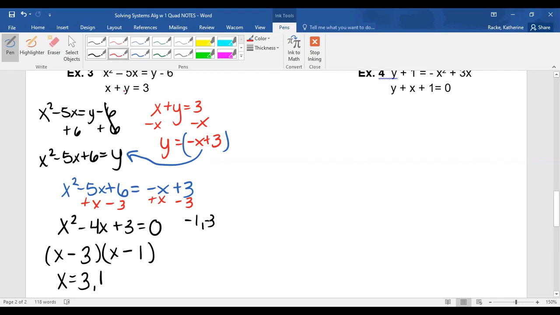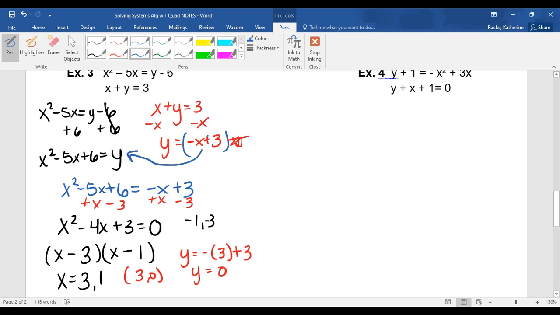Now here, I would just go ahead and plug them into where you've already solved for y. Okay, so right here, I'll use this one. And I'm just going to use 3 first, so y equals negative 3 plus 3, y equals 0. So one point is (3, 0).